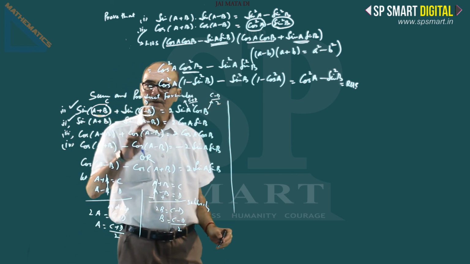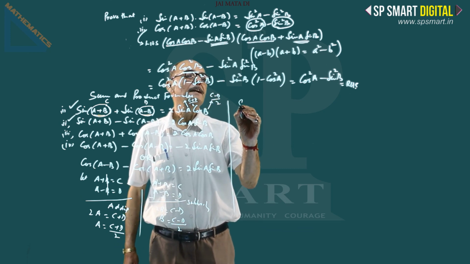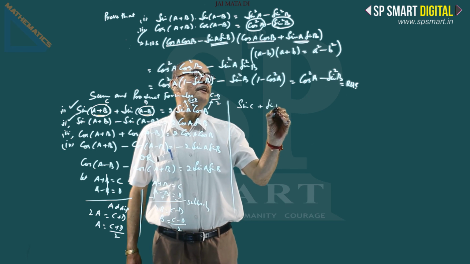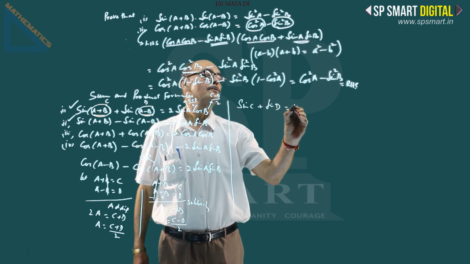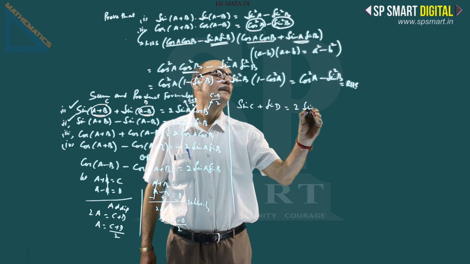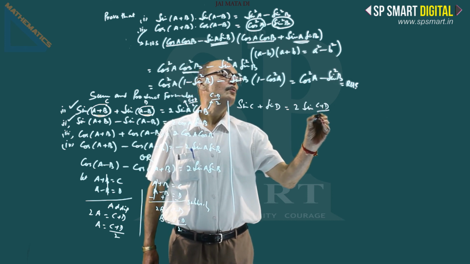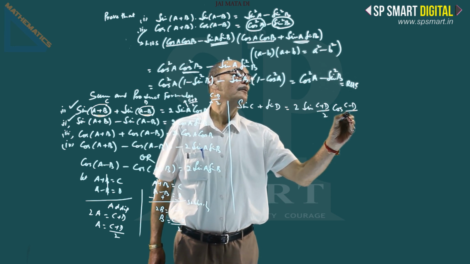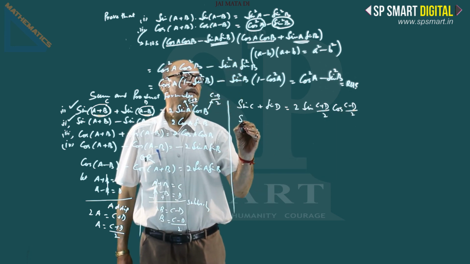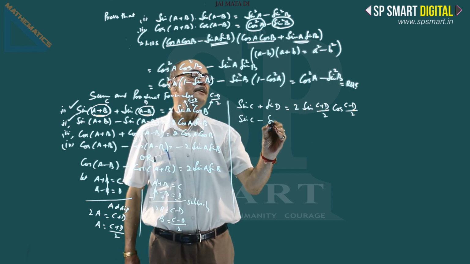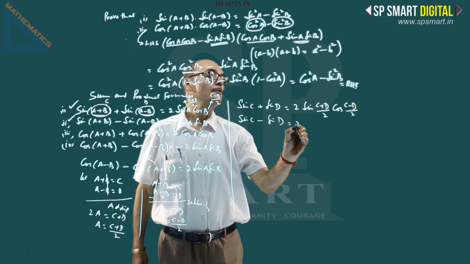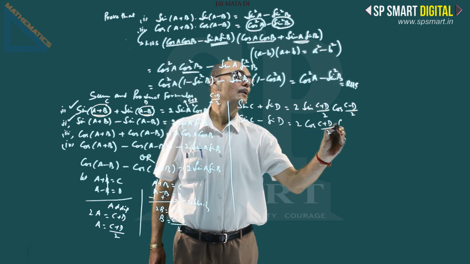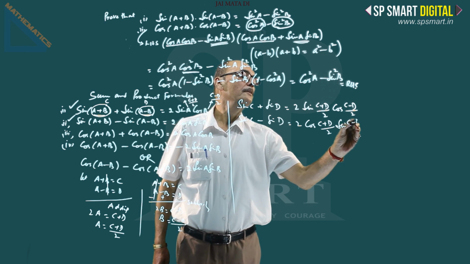So, these four formulas become sin C plus sin D equals 2 sin((C plus D) by 2) cos((C minus D) by 2). Sin C minus sin D is 2 cos((C plus D) by 2) sin((C minus D) by 2).